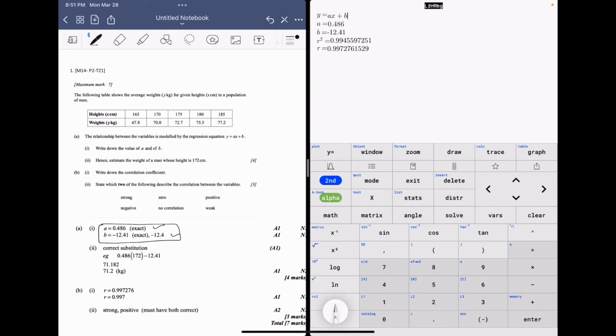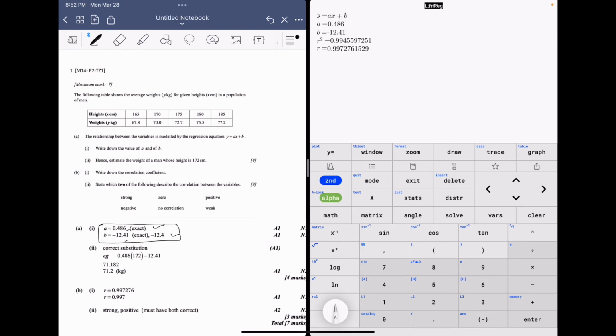I recommend that whatever you are seeing on your calculator, please write down as it is. And if it is more than 3 significant figures, you can round. For example, a is 0.486, exactly 3 significant figures, so you don't need to round that. B is negative 12.441, so it is not a 3 significant figure answer, so we will round off to 3 significant figures, which is up to 4, so negative 12.4.